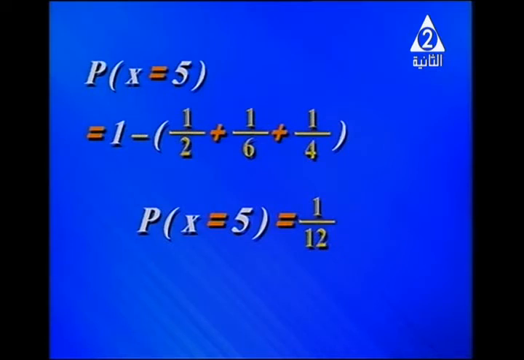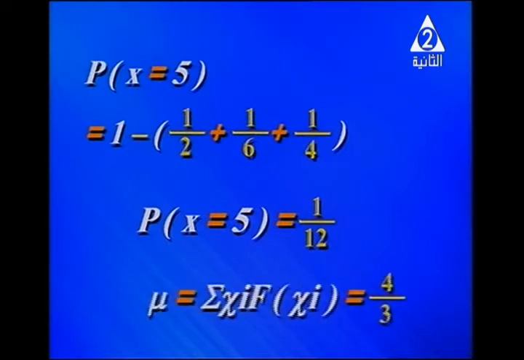Then if we have 4 events and we know the probability of 3 and require the probability of the fourth, we subtract the sum of all probabilities from 1. Then the probability when x equals 5 equals 1 over 12.